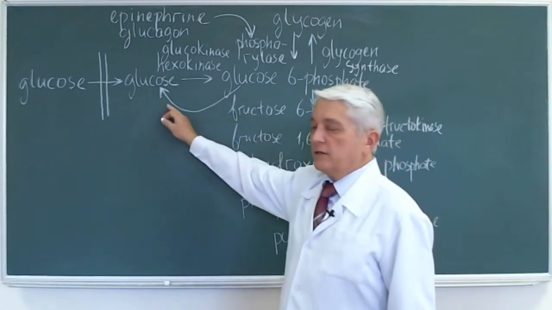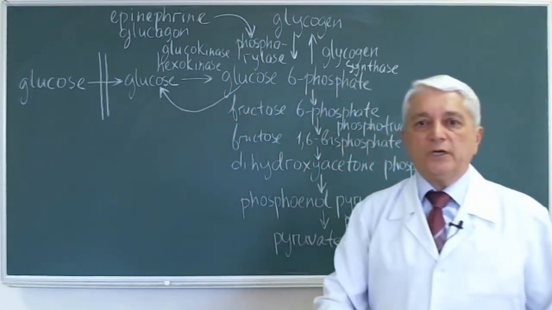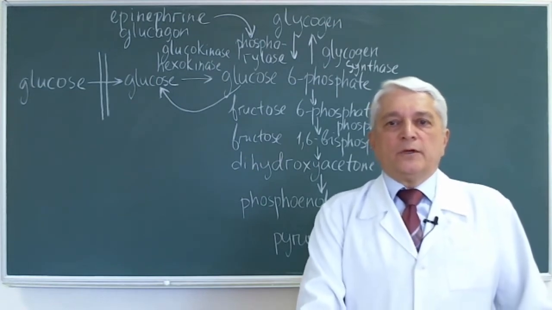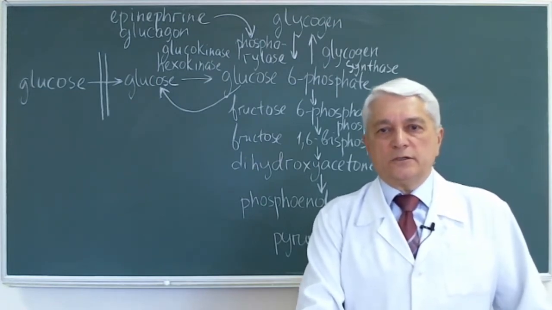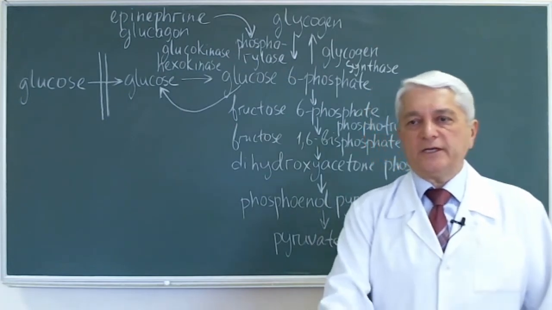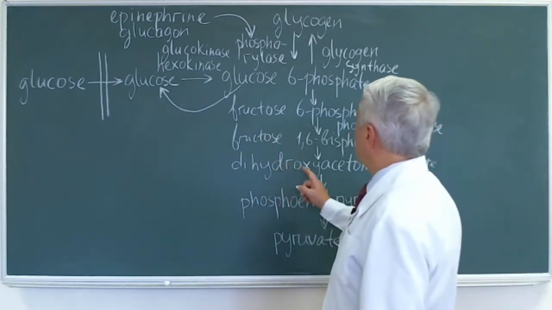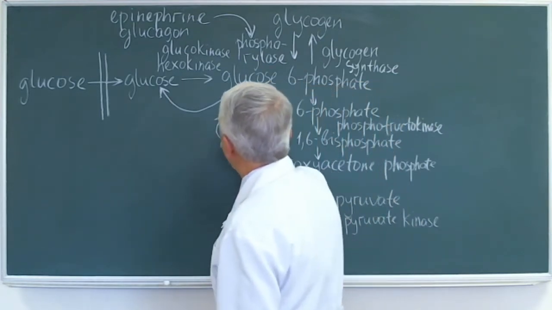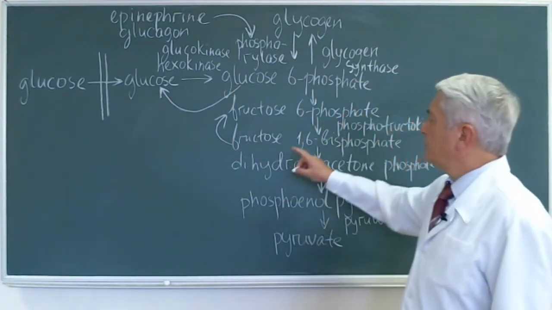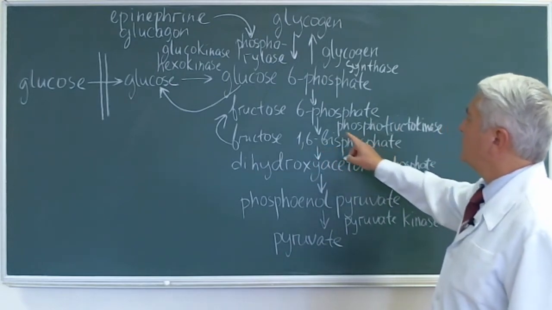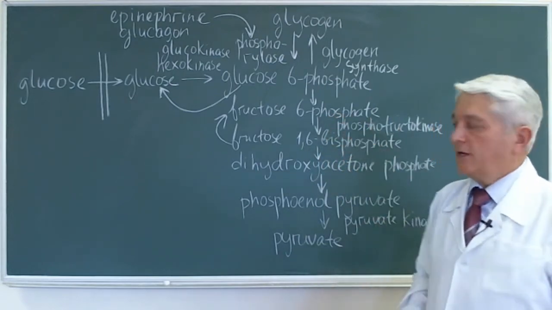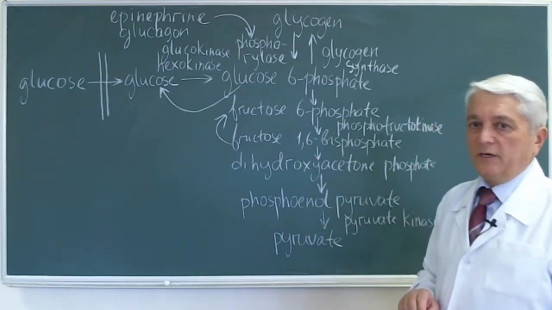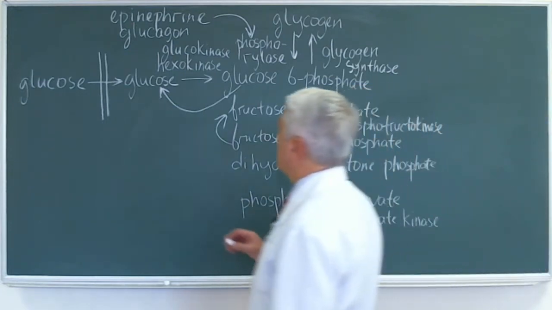For this reaction, we need another enzyme, and this enzyme is glucose 6-phosphatase. Another reaction with another enzyme, we have for transformation of fructose 1,6-bisphosphate to fructose 6-phosphate. And this is fructose bisphosphatase. Let's write the names of these enzymes.